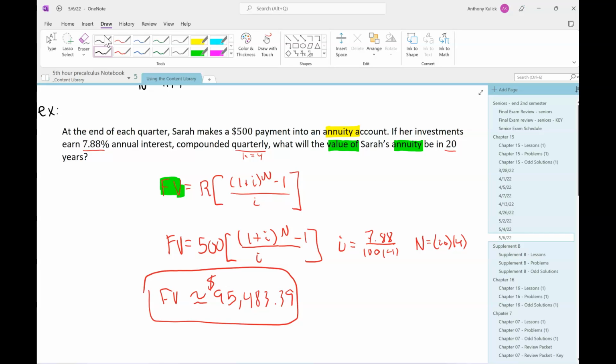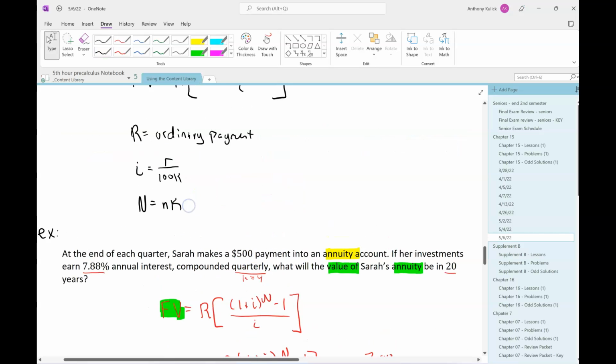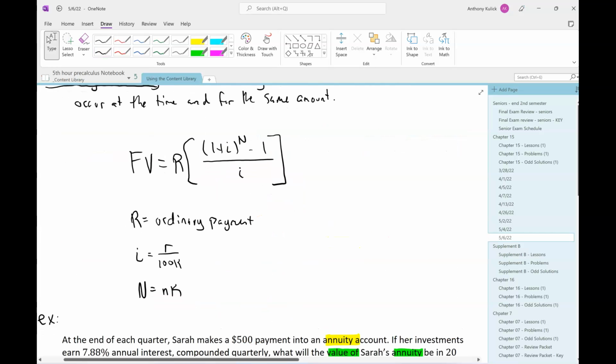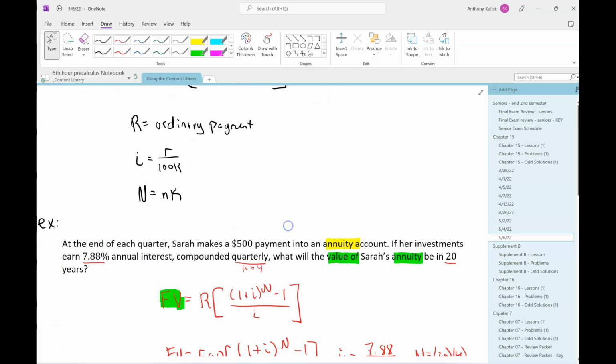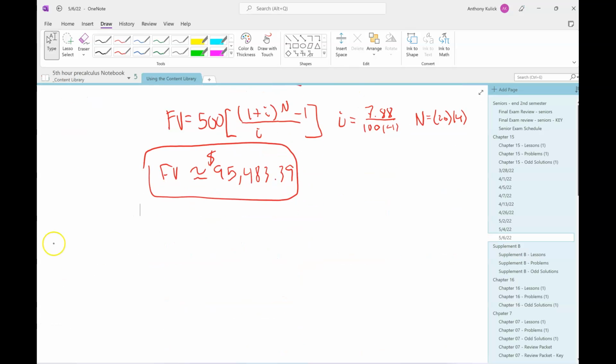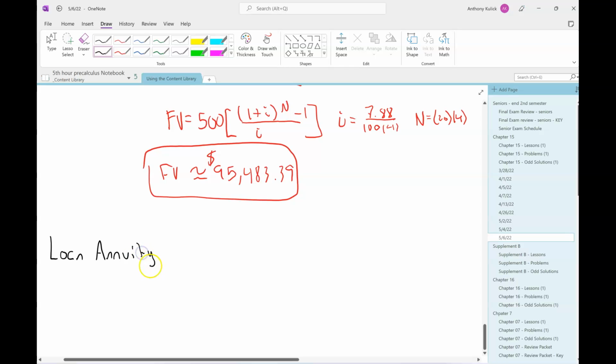So this annuity formula that I gave you initially was an investment annuity, right? If we have an annuity as a loan, things work a little bit differently. Since what's happening on a loan?